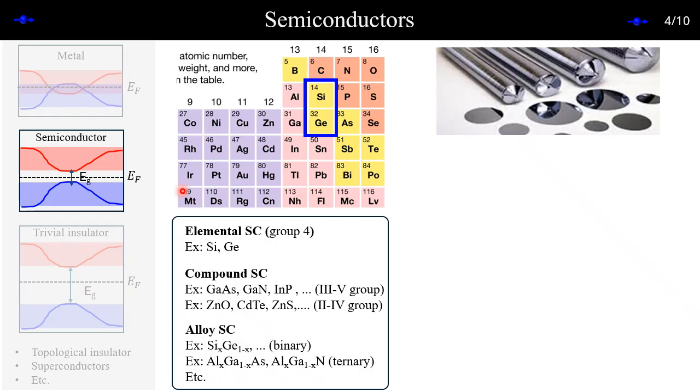You want to tune the band gap, and with these compound materials, we can have a desired or optimum band gap and also band location. So the summary is we have elemental semiconductors, compound semiconductors, alloys. Fine. Clear?